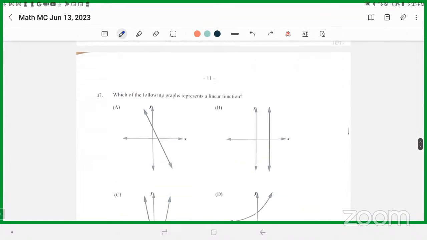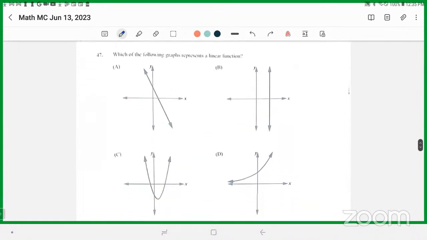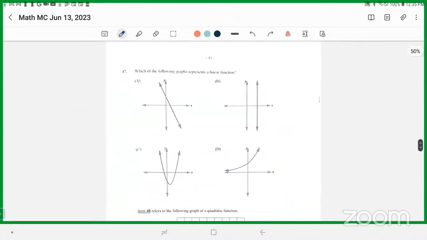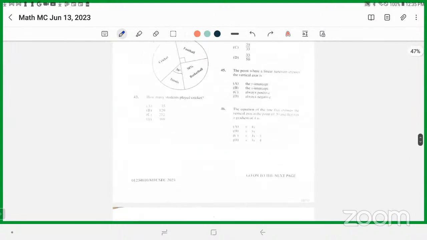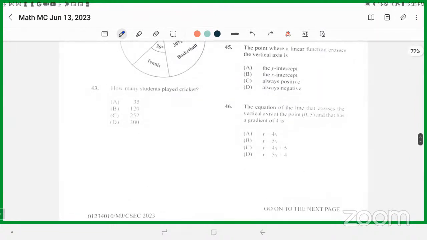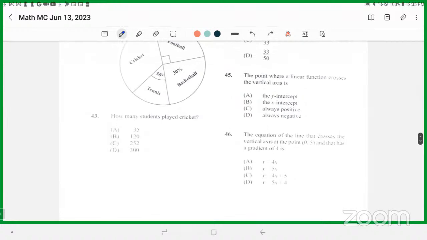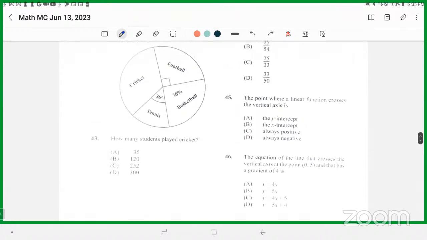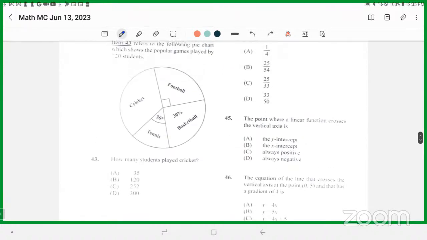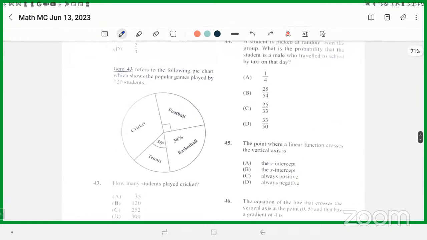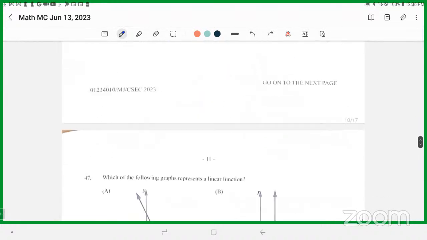All right, look at this question now. Here's a function question starting at 47, right? Let's remind ourselves where it starts. All right, start at 47.